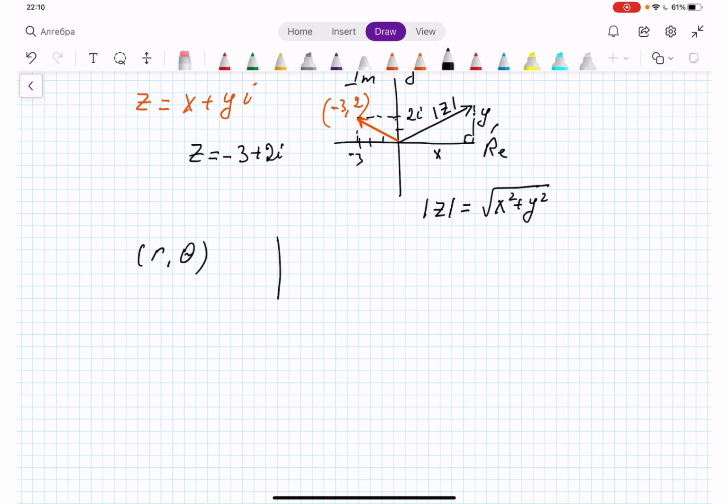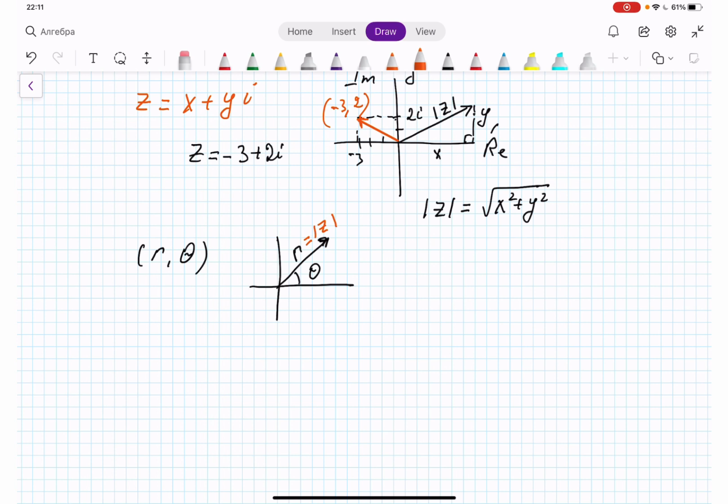Here this is our radius and this is our angle theta. As you can see, the radius is the same thing in the polar system, matching our absolute value of complex number z.